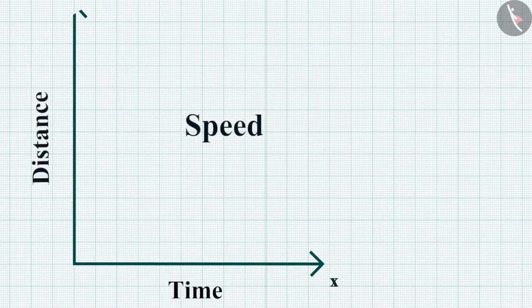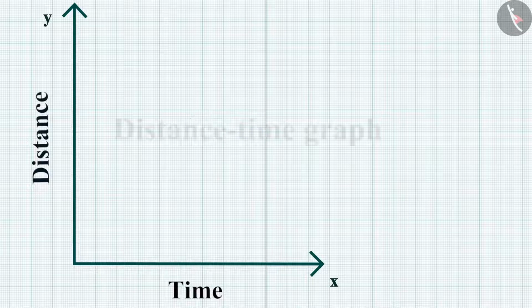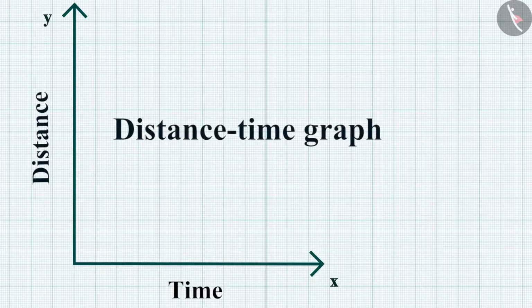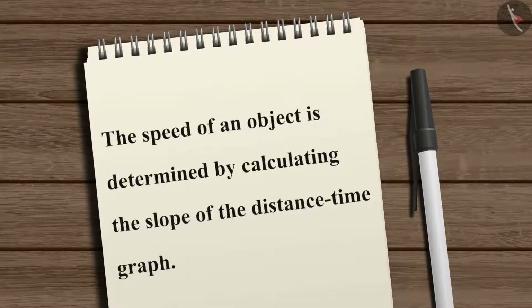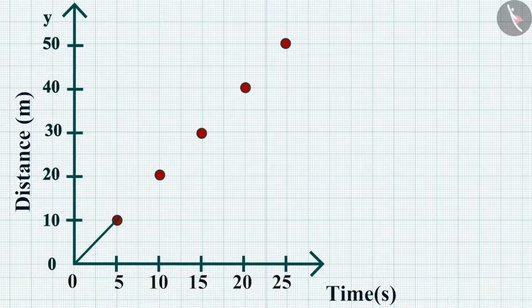We can also determine the speed of an object from the distance-time graph. The speed of an object is determined by calculating the slope of the distance-time graph. Let's calculate the speed of an object in the previous distance-time graph.